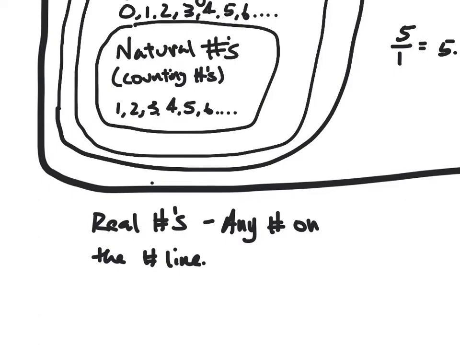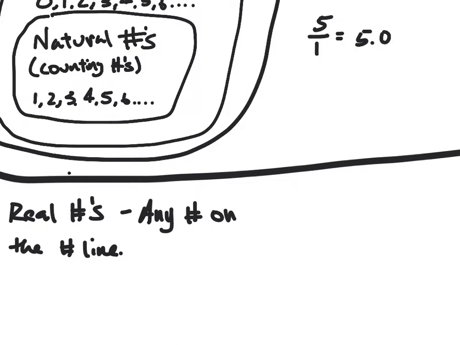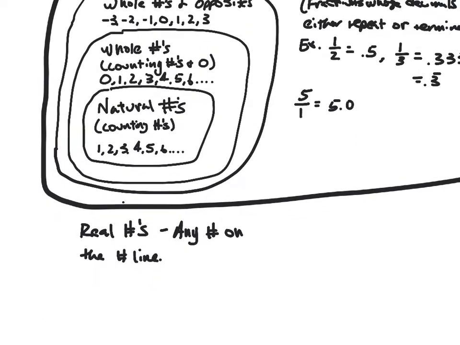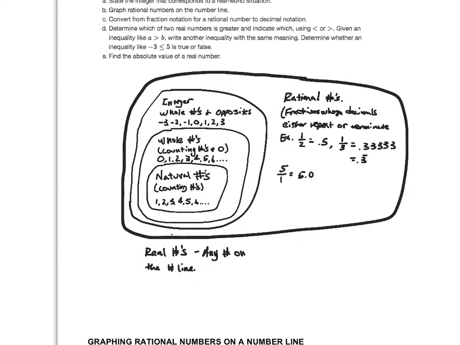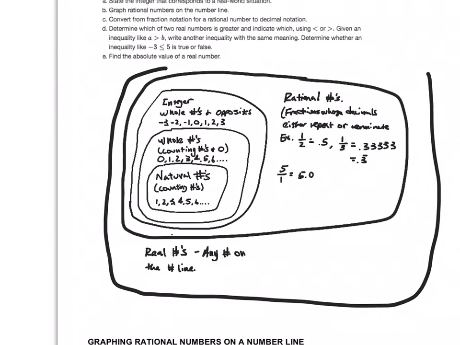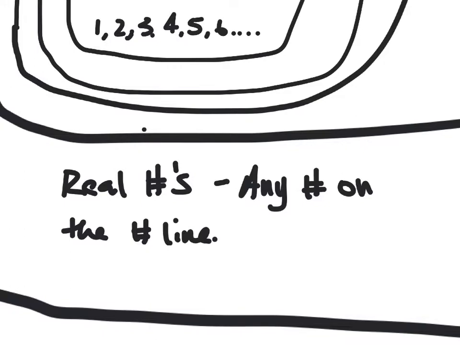That would include any single number that you could ever conceivably think of. Let's draw a box around the real numbers, and I'm going to leave some space over here. For the real numbers I want to draw a number line.